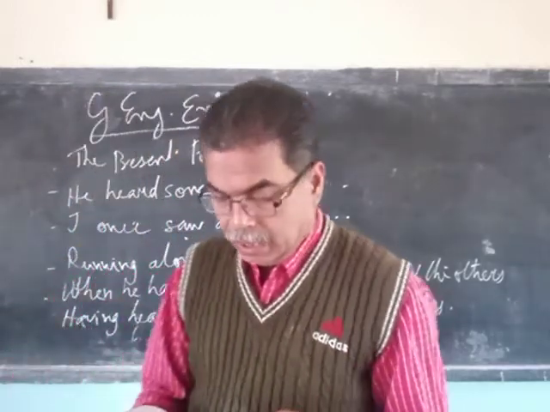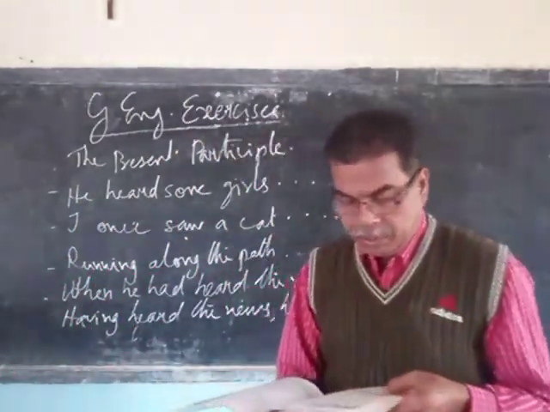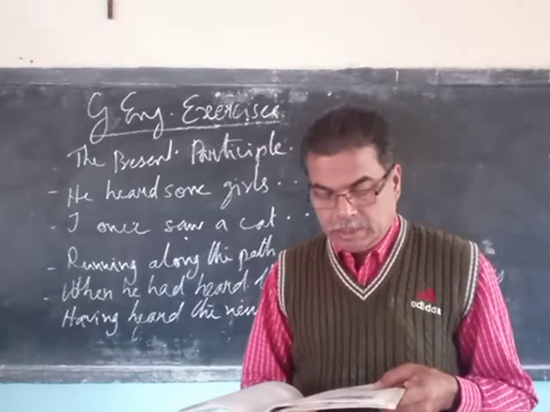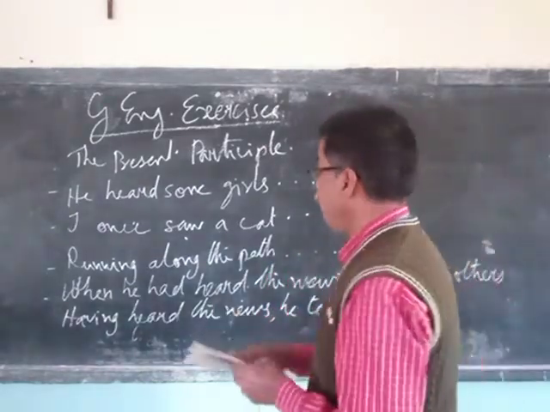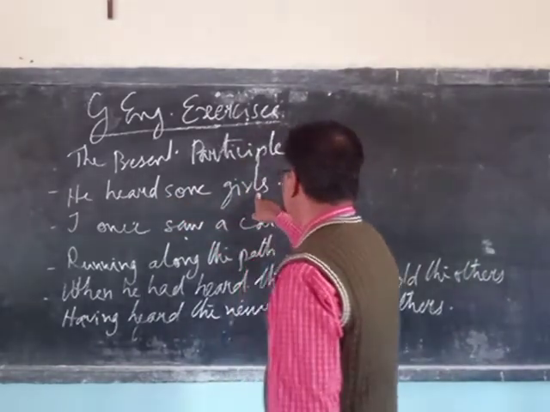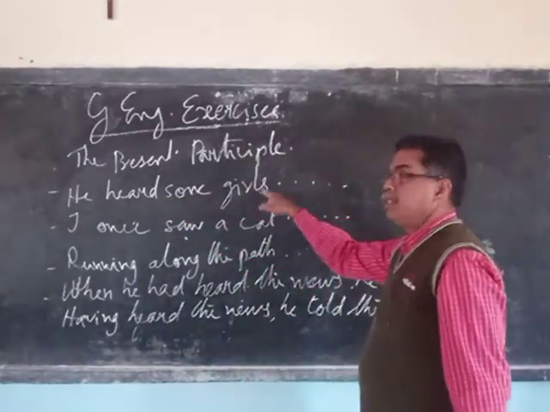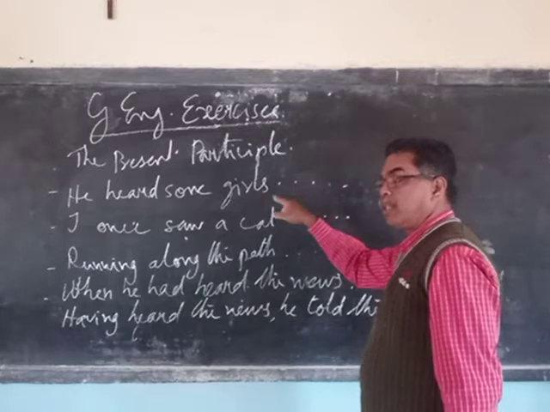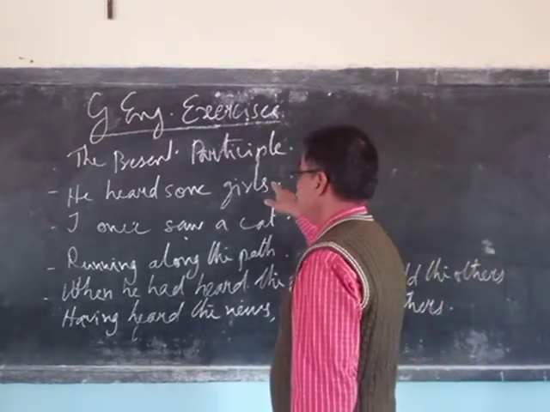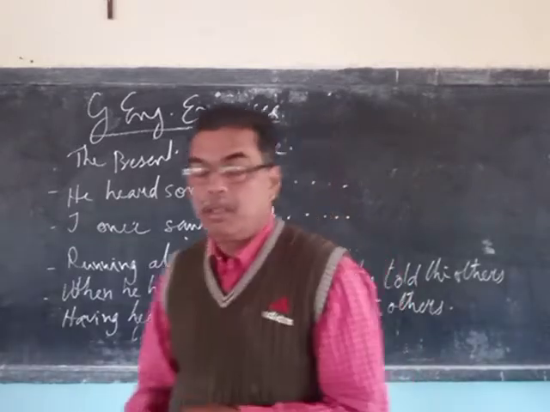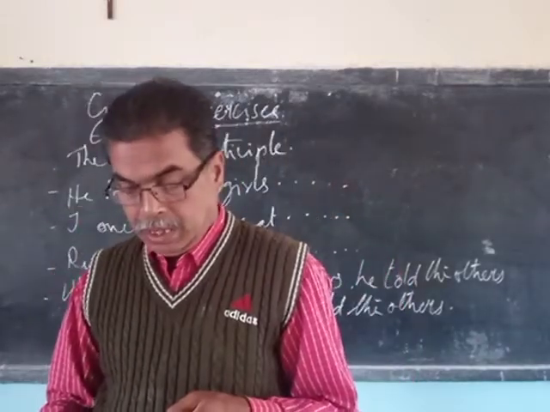Complete these sentences by adding a present participle. The example given here: They watched the children playing. So playing is a present participle. Now, he heard some girls shouting, talking, or murmuring, whispering, all could be used.